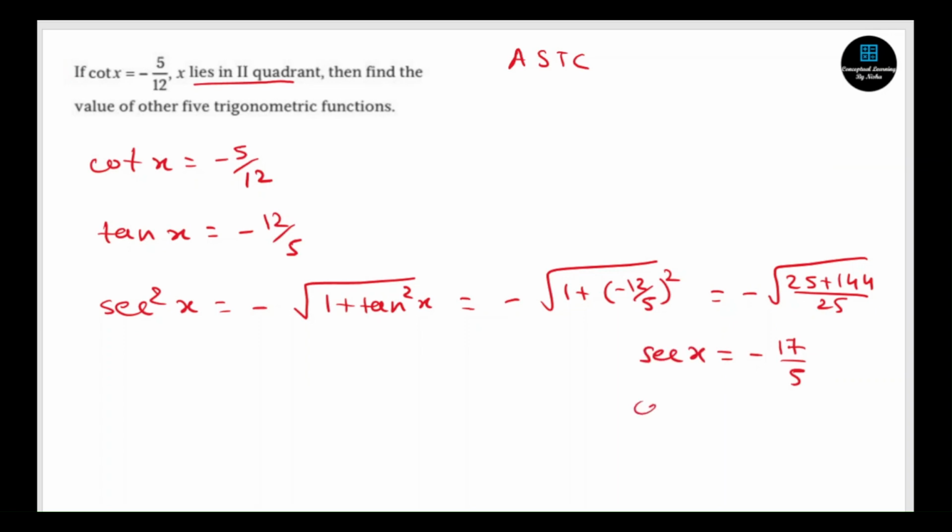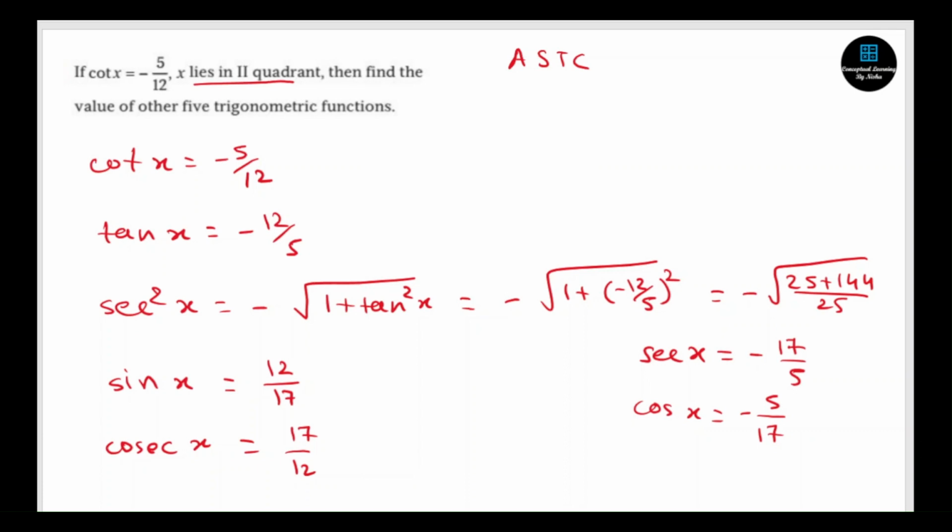So I can write for cos x. Cos x is minus 5/17. Correct. And then I can write for sin x and cosec. So sin x is positive, so I can write this as 12/17, and cosec is 17/12. They both are positive in the second quadrant. So I hope you understand this clearly.